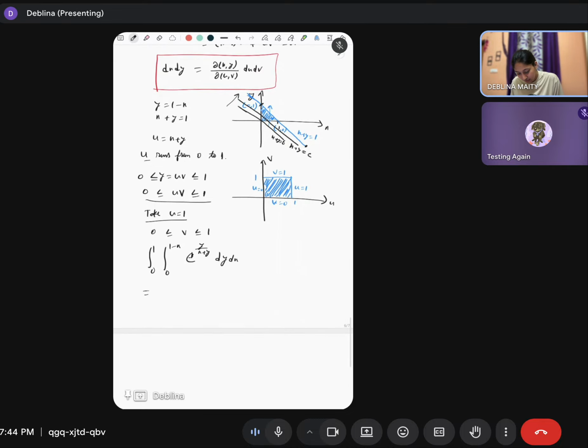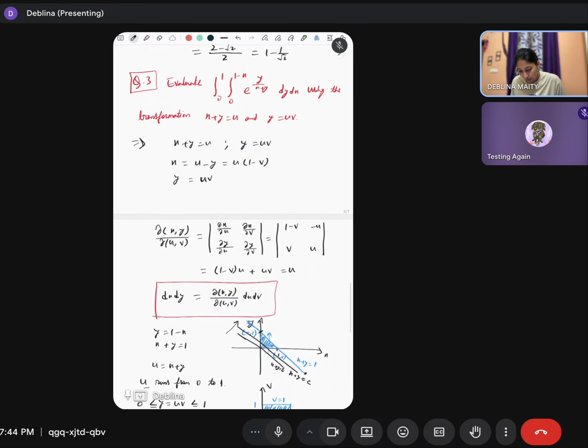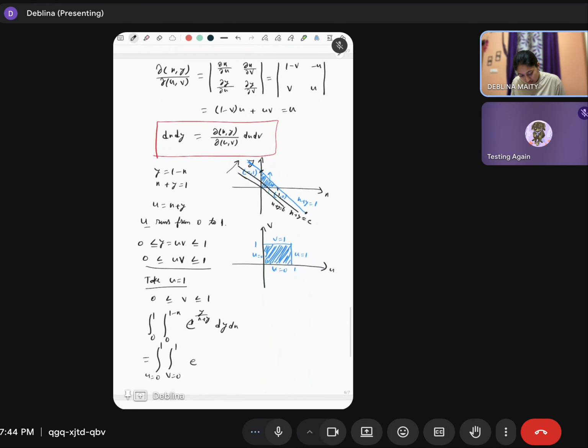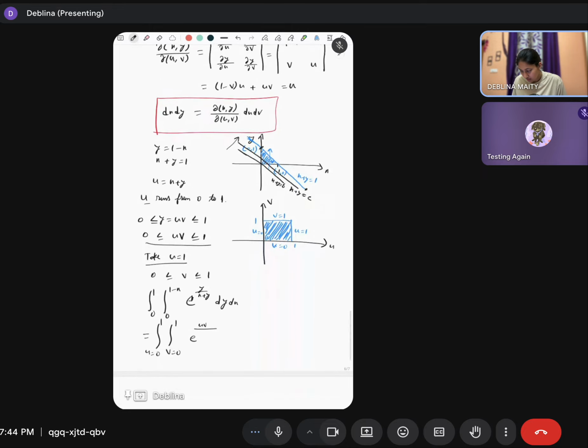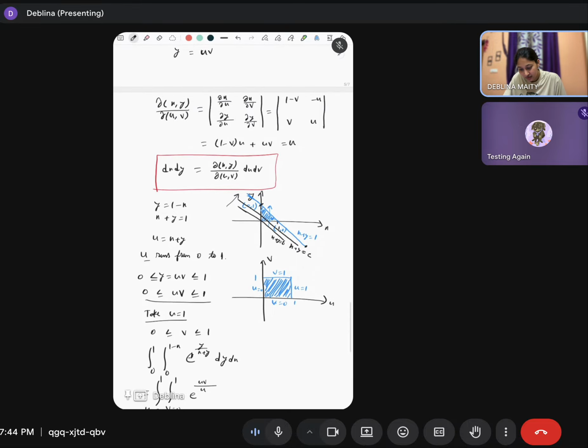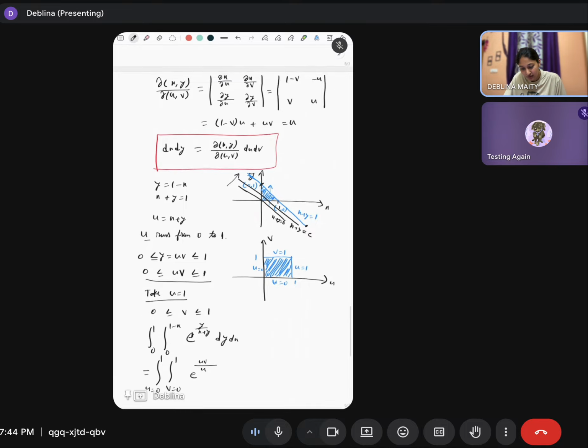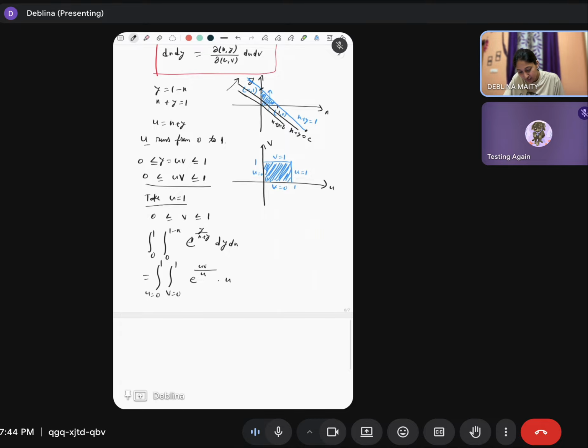So in uv terms, u and v both run from 0 to 1, y is uv, and x plus y equals u, and dx dy equals the Jacobian, which was u, into du dv, right?